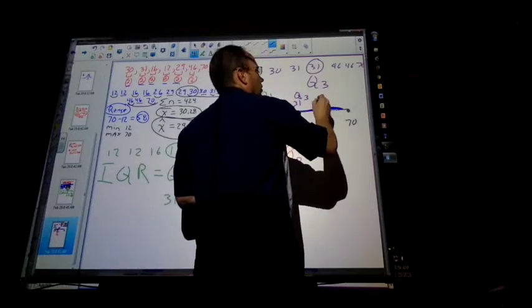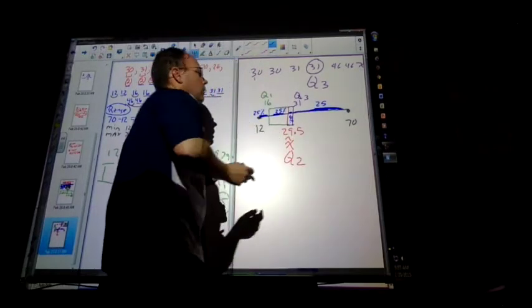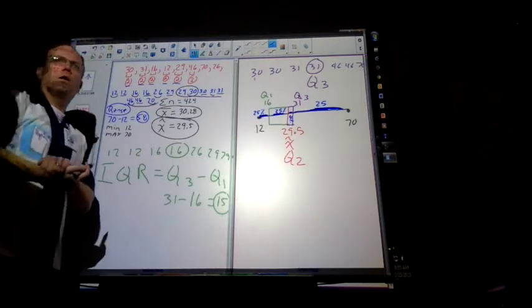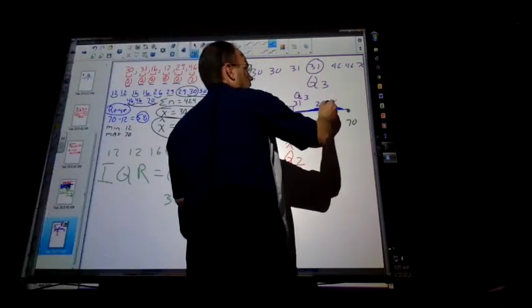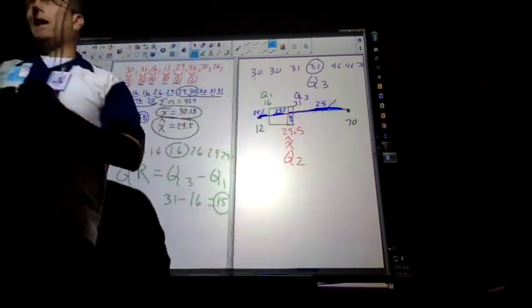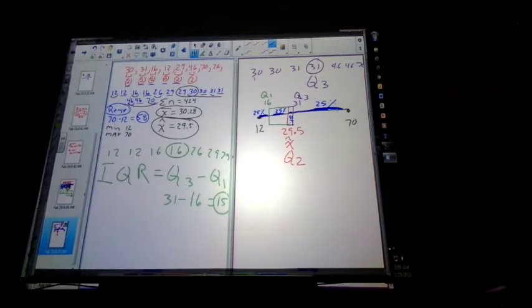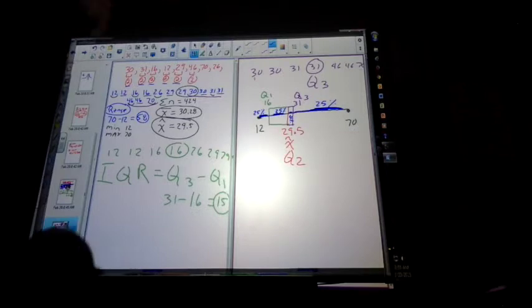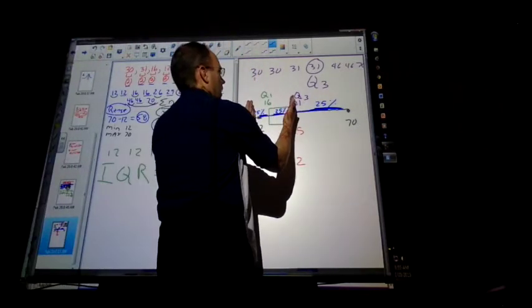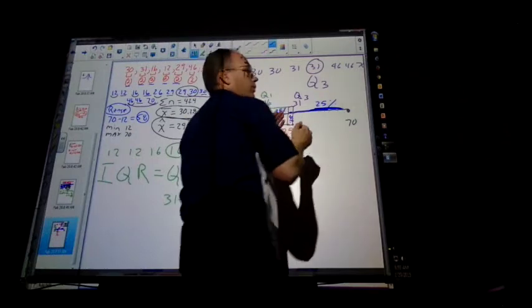And out here, 25% of my data, even though they're different sizes. Absolutely. So you might come across a problem saying the interquartile range accounts for how much of your data? 50%. Below the median is 50%. Above the median is 50%.